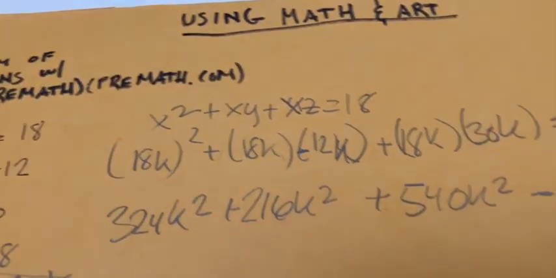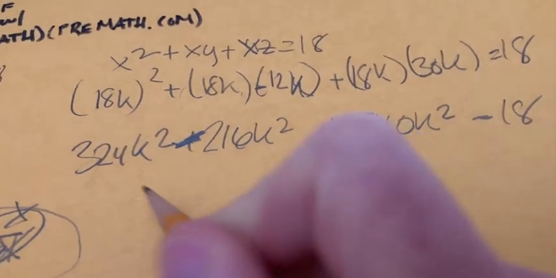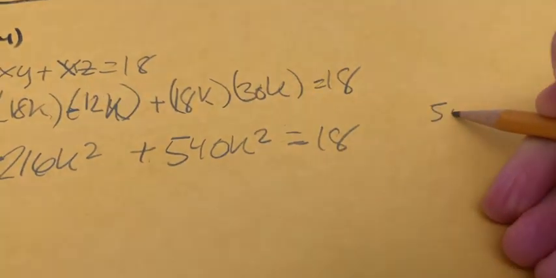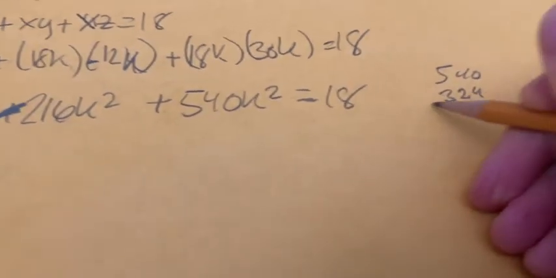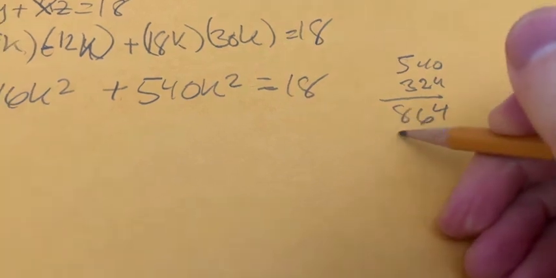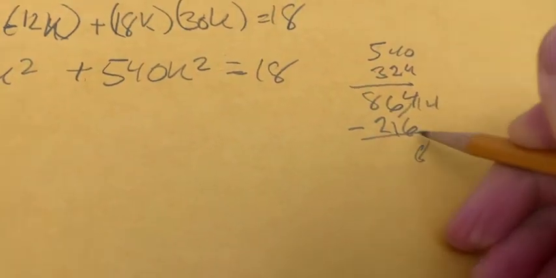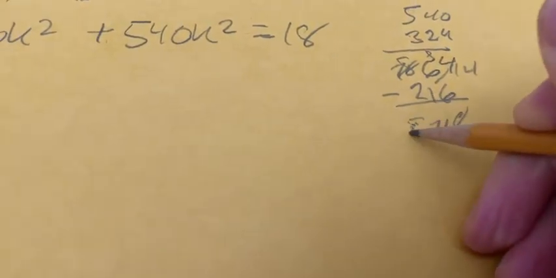Okay, so now we have to solve this crap. Okay. What was it, 324? What was it, 216? 540.